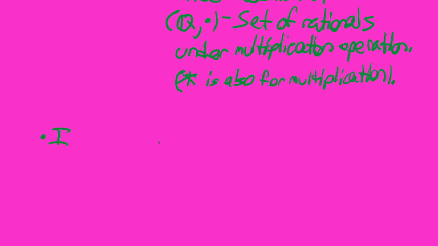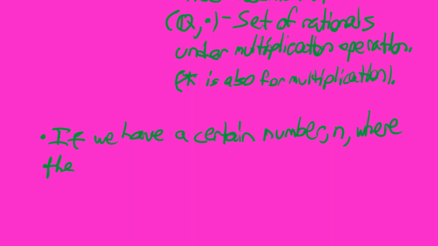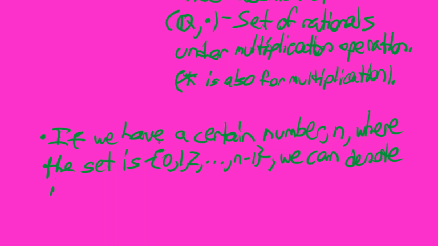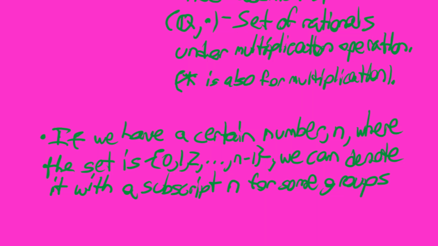So, or sets under a binary operation, because if we have a certain number n where the set is 0, 1, 2, and so on and so forth, up to n minus 1, we can denote it with a subscript n for some groups.